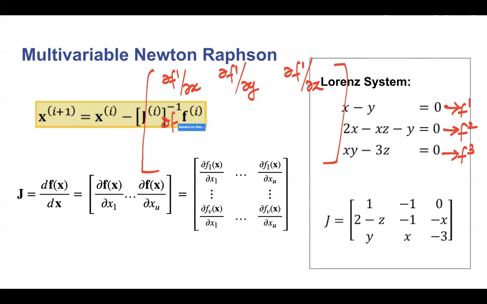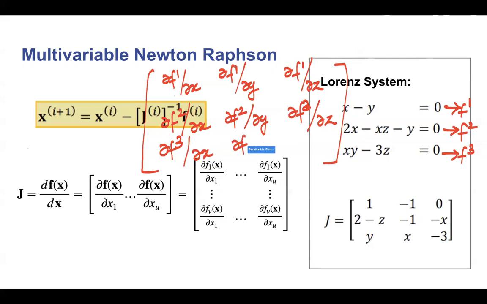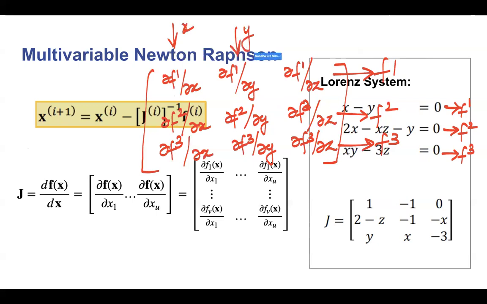Now this is dou f2 divided by dou x, dou f2 divided by dou y, dou f2 divided by dou z. Sorry, f2. I made a mistake. Now you go to the third function, f3 divided by dou x, dou f3 divided by dou y, dou f3 divided by dou z. This is for f1, this is for f2, and this is for f3. Column wise, if you look, this is for x variable, this is for y variable, and this is for z variable. Is this clear?